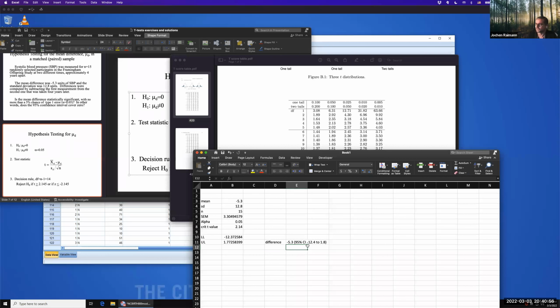This is how you would describe that. So you know already by the naked eye that this will not be significantly different from year 1 to year 4, because the interval contains the zero.